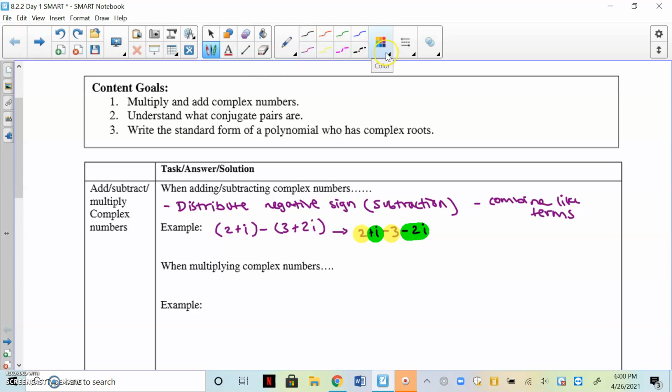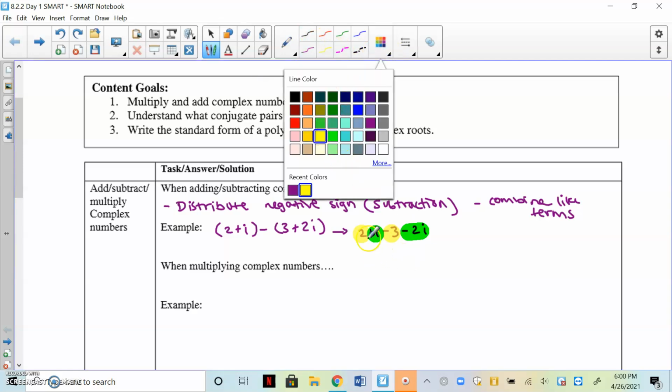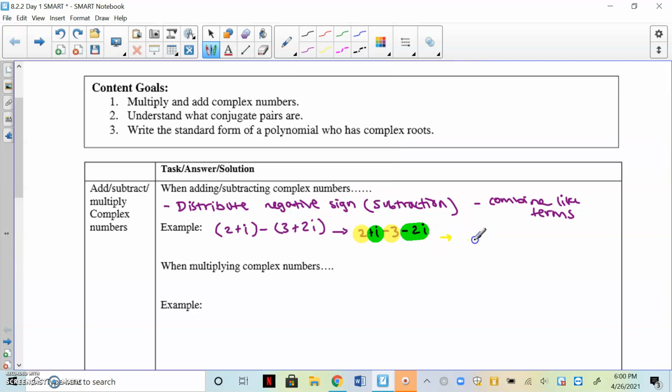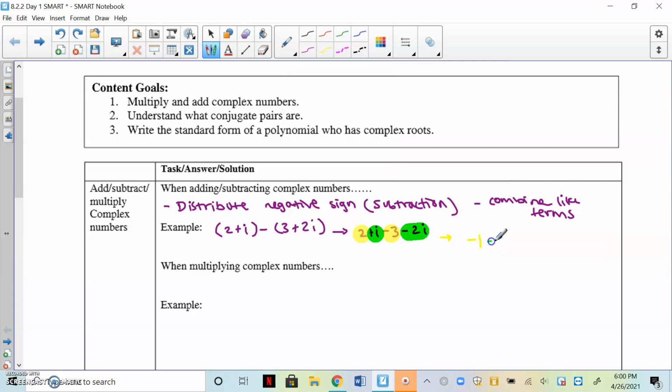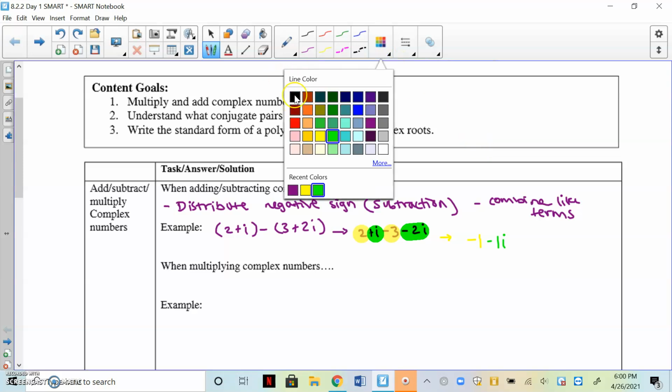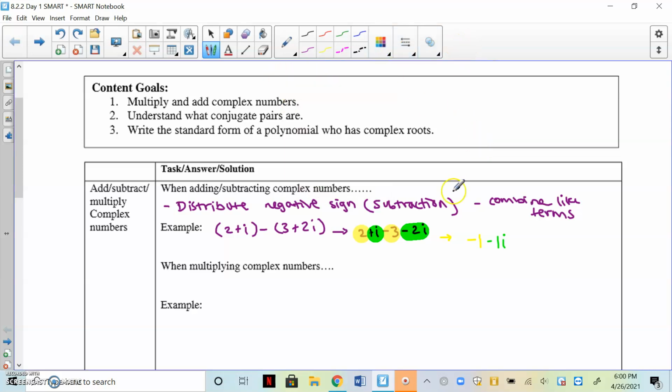So let's go ahead and combine those and see what happens. 2 minus 3 is going to simplify to negative 1, and the positive 1i minus 2i is actually also going to be a negative 1. Basically, it's going to be a negative 1i. If you just wrote minus i, that's the same thing. Remember, if it's a 1, it's typically optional. Alright, so our final answer is negative 1 minus 1i.